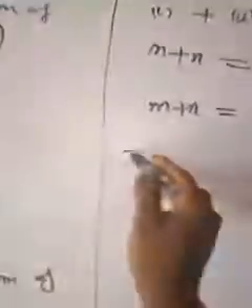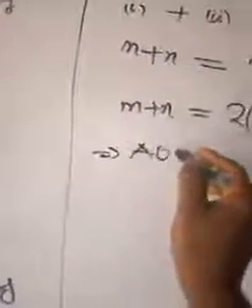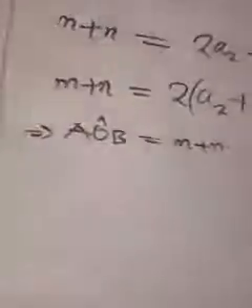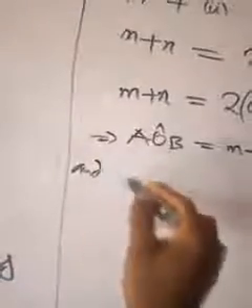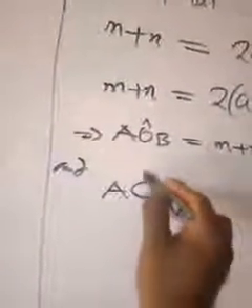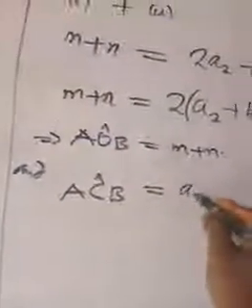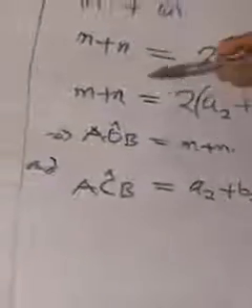So we recall that AOB is equal to M plus N, and angle ACB is equal to A2 plus B2. So what we do now is to substitute into the equation: this in place of this, this in place of this.